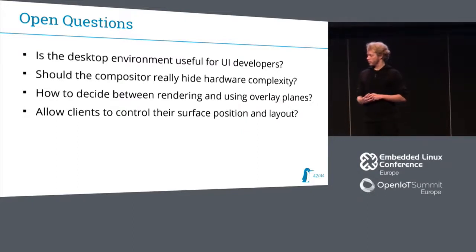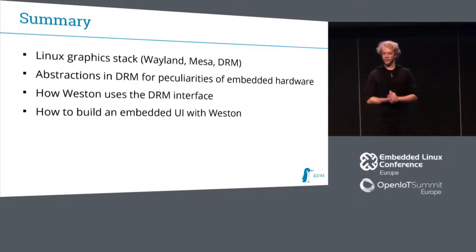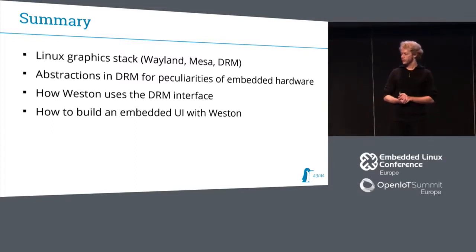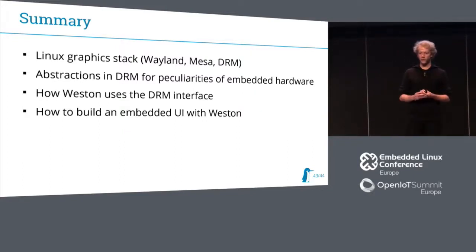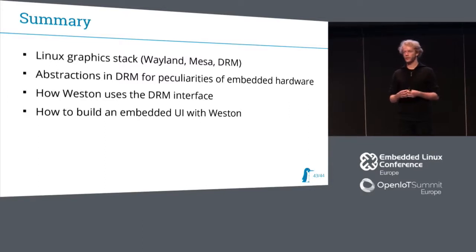So with that, I come to the summary. First, I looked at the Linux graphics stack, including Wayland on top, Mesa and DRM for 3D acceleration and for interfacing with display controllers.